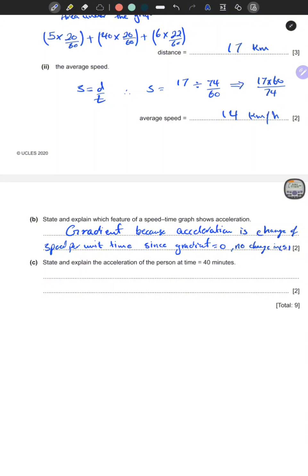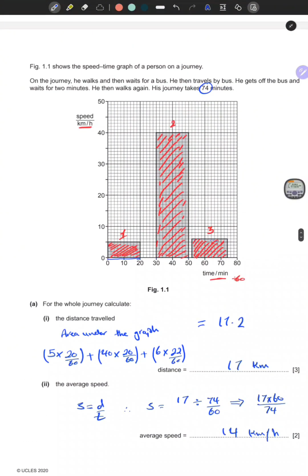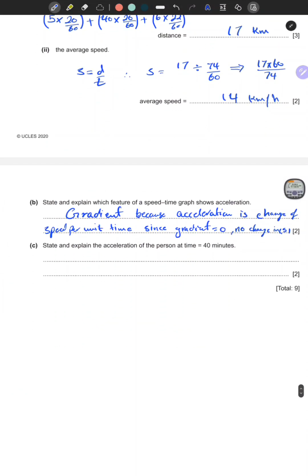State and explain the acceleration of the person at time equals 40 minutes. Okay, let's see, here is the time equal to 40 minutes. So this is a straight horizontal line at the top of the rectangle there.